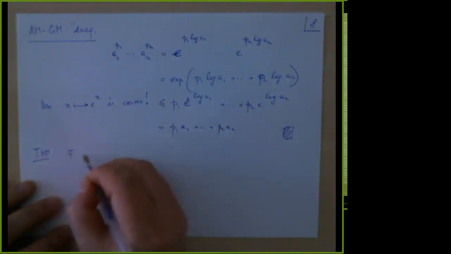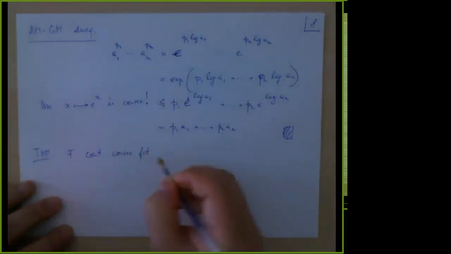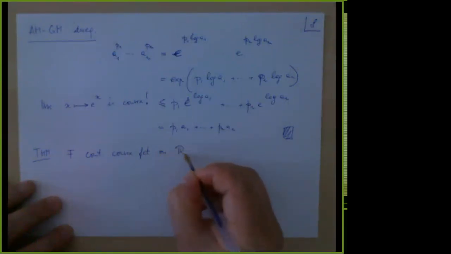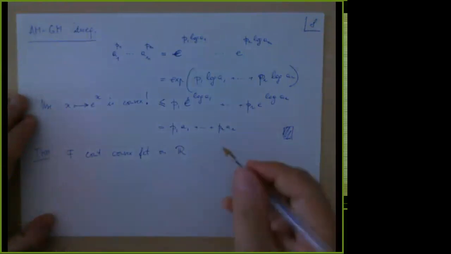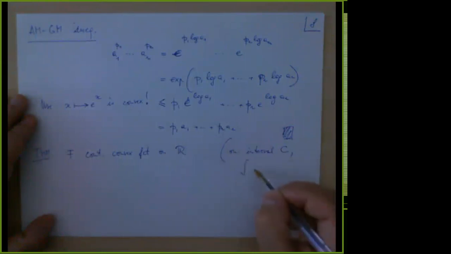So let f be a continuous and convex function on R. As a matter of fact, it will be enough to have it on an interval C. Remember that whenever we write d mu, this means that we have a weight given by the function mu, so this is mu of x dx, the integral of the function mu of x dx.